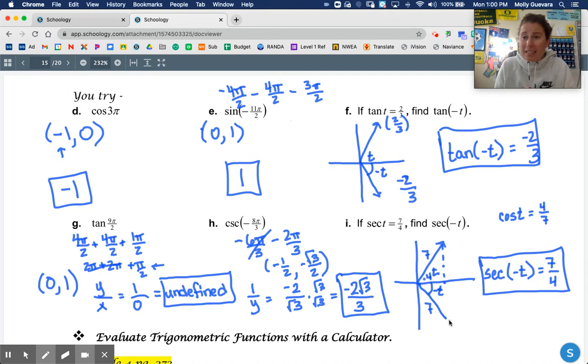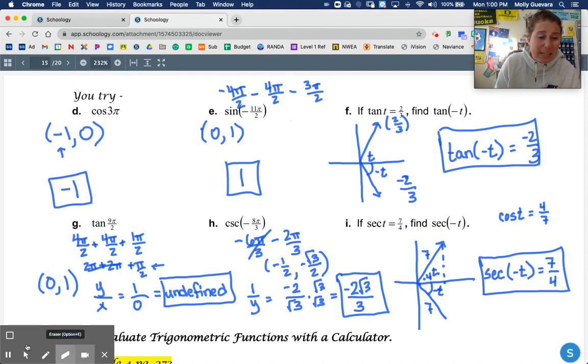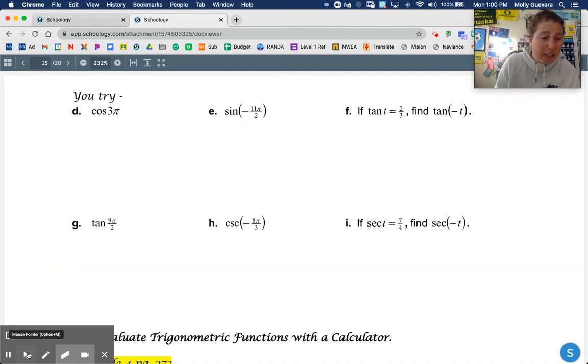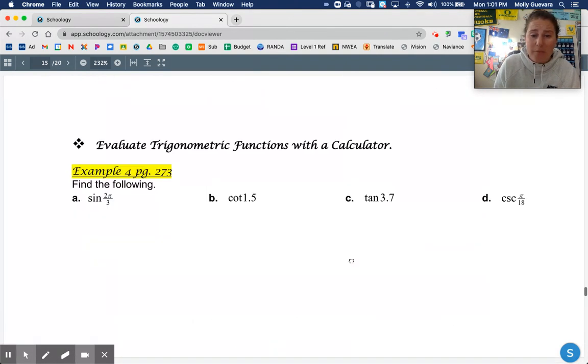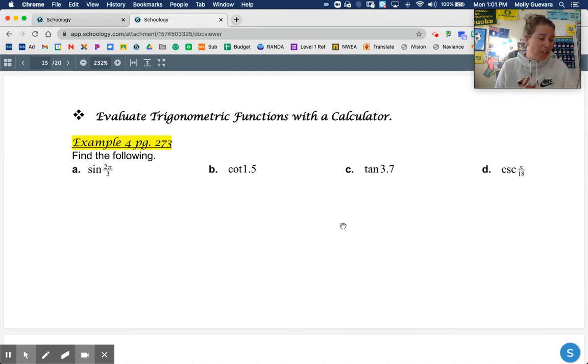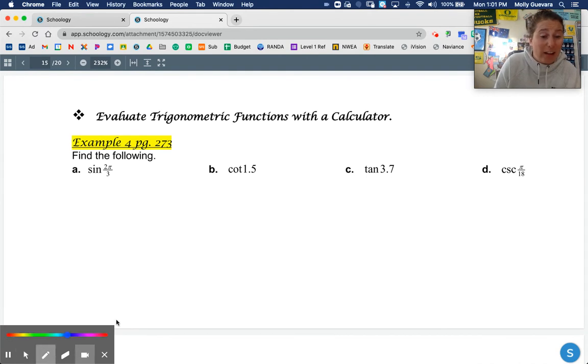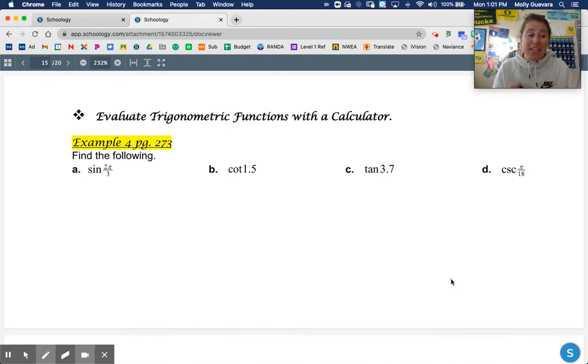The last thing that we're going to do in this lesson is learn how to use our graphing calculators to find these trig functions. And so the first thing that you're going to need, one, is your calculator. But the biggest thing is learning how to change between the modes. Learning when to use degrees, when to use radians, okay? So the first thing you need to do is you click on mode on your calculator.